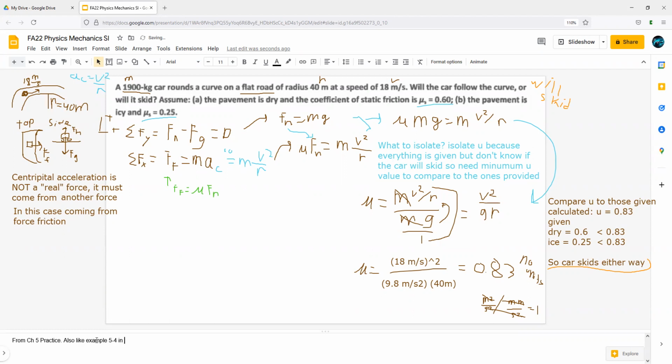It's also example 5-4 in the chapter 5 slides. But I think there she just did F is equal to ma_c. That's what's required. She just looked at the force needed for acceleration, the force friction equal to mass times acceleration, and then solved for what mu mg would make that force the same as the required force. And they were both smaller.